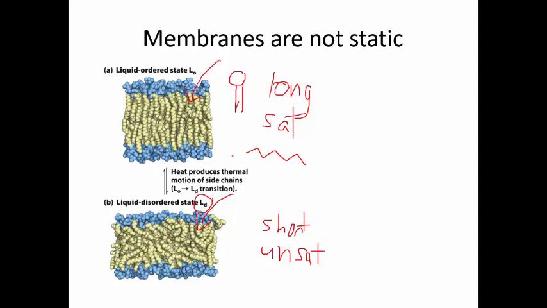Because maybe in the coldest of the winter, it's maybe 0. In the hottest, maybe it's getting close up to 100. So that's going to be a big, big difference. And this is one of the reasons that plants and bacteria tend to have many more different types of fatty acids that they can make.